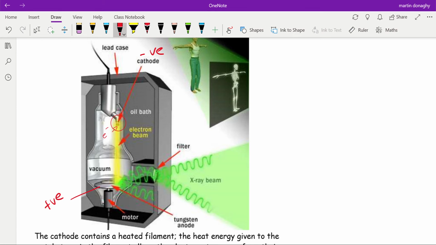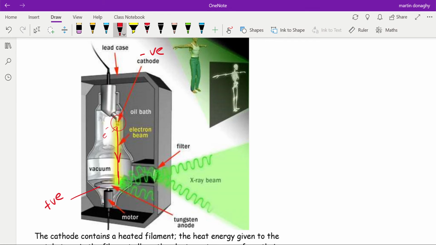It essentially attracts the electrons. You use a big enough voltage, they get attracted, have a large acceleration, and they travel at very, very high speeds, and then just hit into our tungsten anode here.